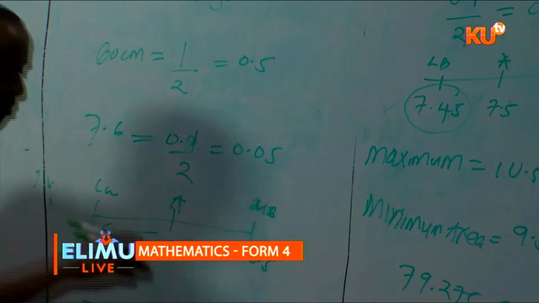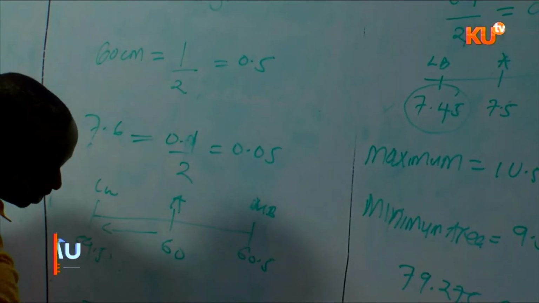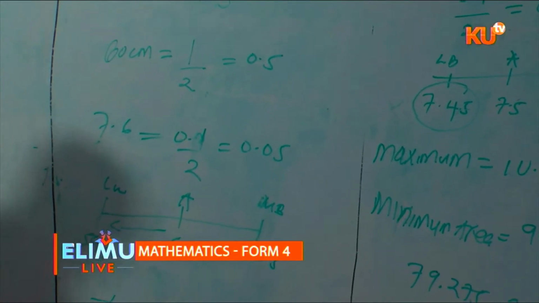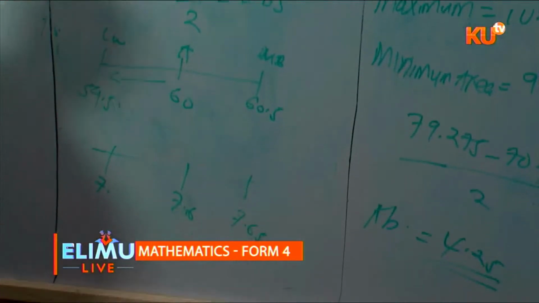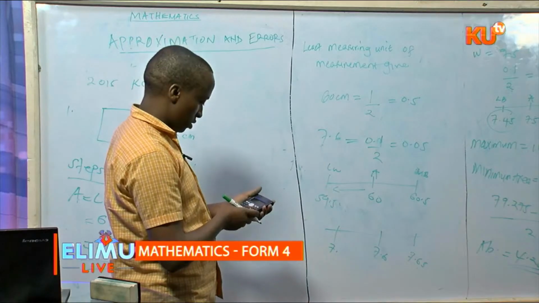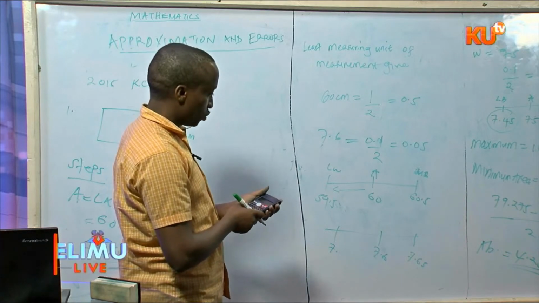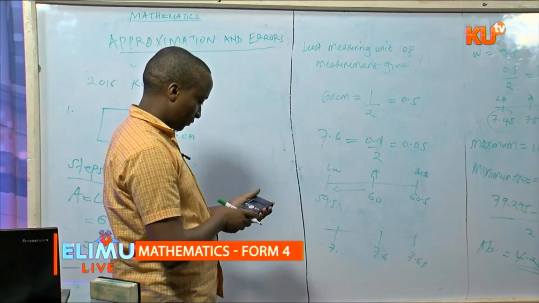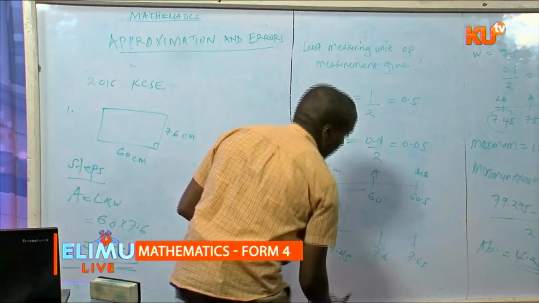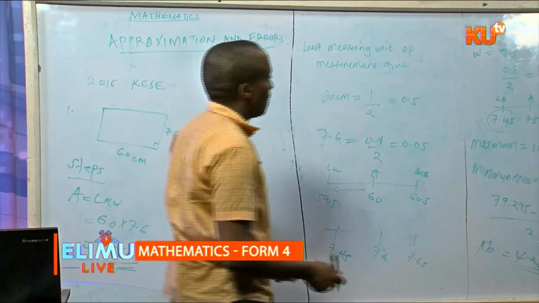The upper limit you can go is 7.65. The lower limit is 7.6 minus 0.05, you get 7.55.